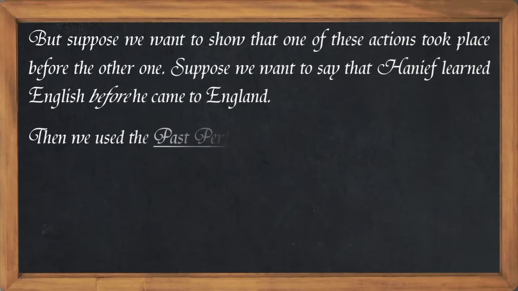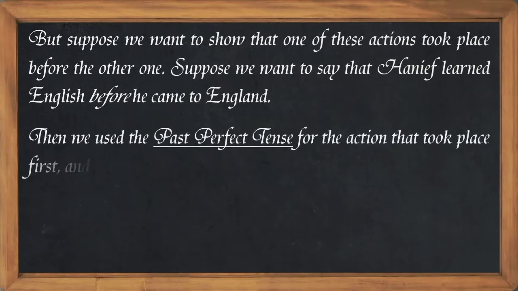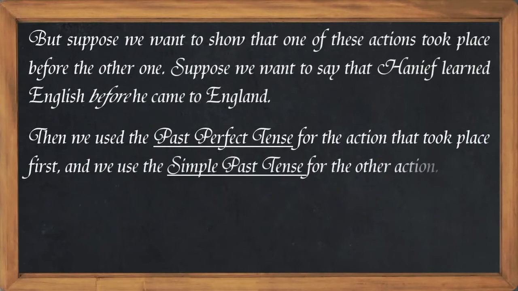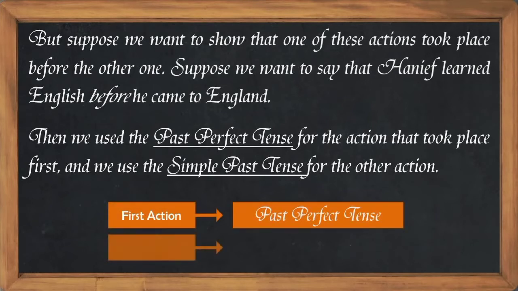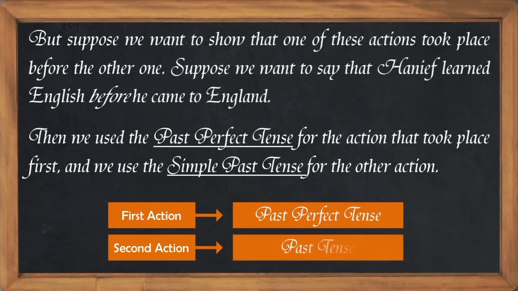Then we use the past perfect tense for the action that took place first, and we use the simple past tense for the other action. Dengan demikian, kita gunakan past perfect tense untuk tindakan yang terjadi terlebih dahulu, dan kita gunakan simple past tense untuk tindakan yang lainnya. First action, past perfect tense. Second action, past tense.